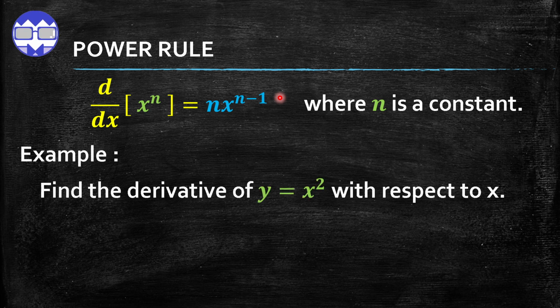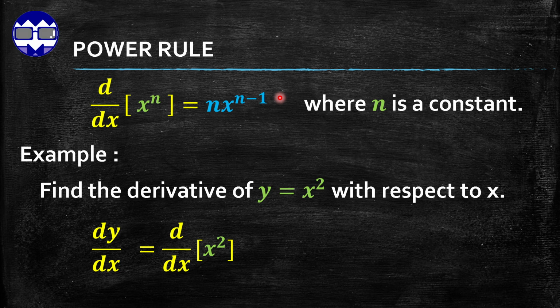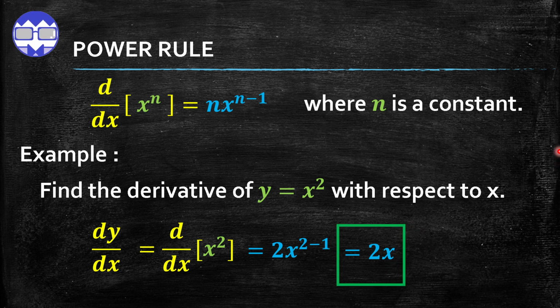Example: find the derivative of y equals x squared with respect to x. We have dy over dx and the derivative operator of x squared. Our 2 becomes the coefficient, and then we have x to the power of 2 minus 1, which is just 2x. You don't need to write the 1 anymore because x to the power of 1 is just x. So the final answer is 2x.